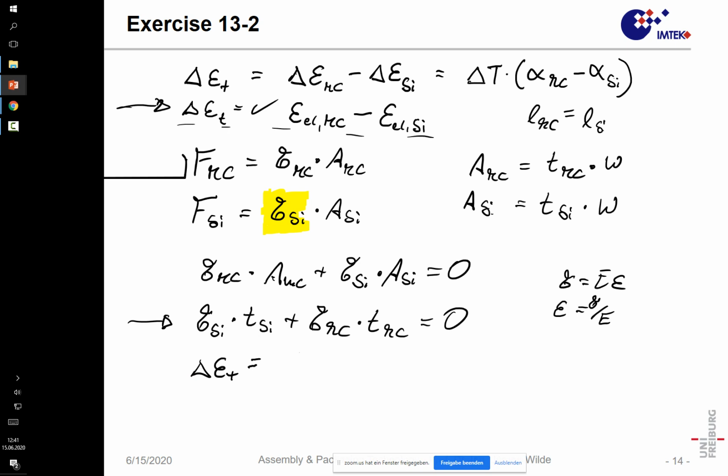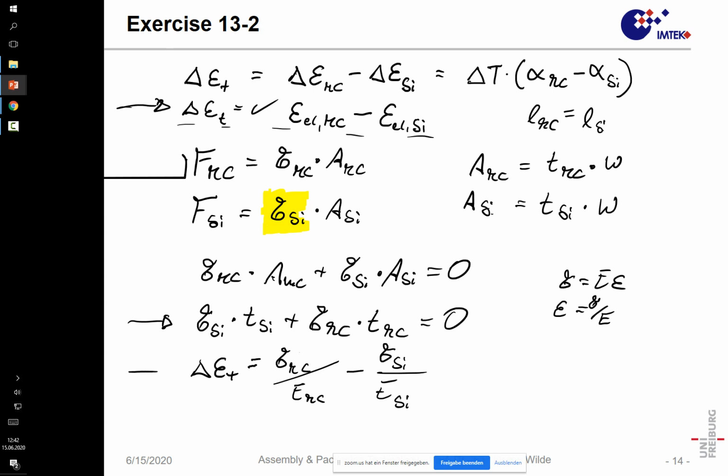Delta epsilon T is sigma in the molding compound divided by E of the molding compound minus sigma in the silicon divided by E of the silicon.